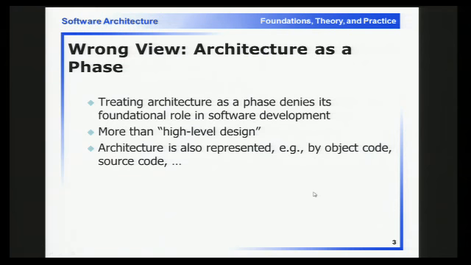Architecture can definitely be represented by structure models, by class diagrams. It can also be represented by objects, even by source code. Most likely, developers are concerned with architecture in terms of their comprehension of the code. And even architecture exists in the executables that are compiled from our source code.